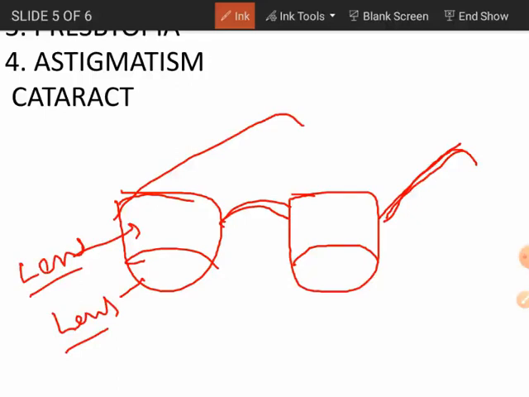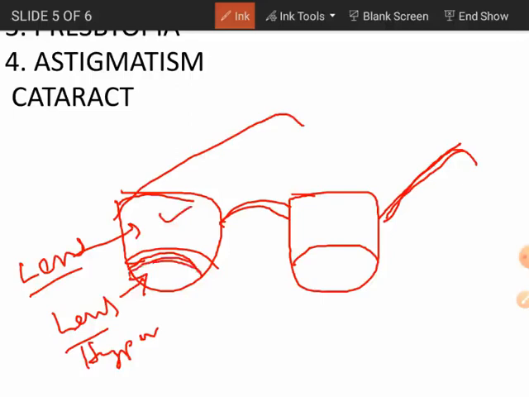Now this one is used for observing nearby objects. For observing nearby objects, that will be the remedy for hypermetropia. Don't forget this. It may be asked in the examination, what type of lens is used in the lower part and what type of lens is used in the upper part. So this lower part of the lens is used for observing nearby objects.